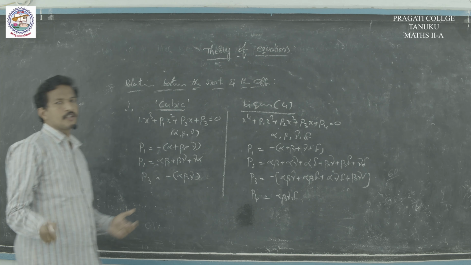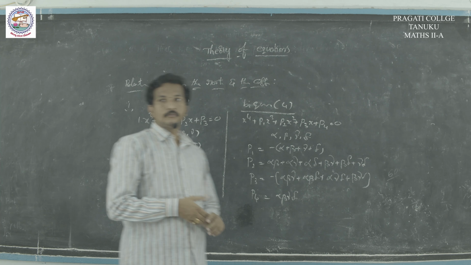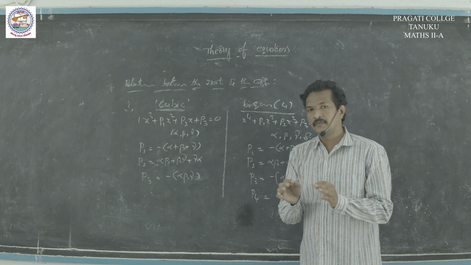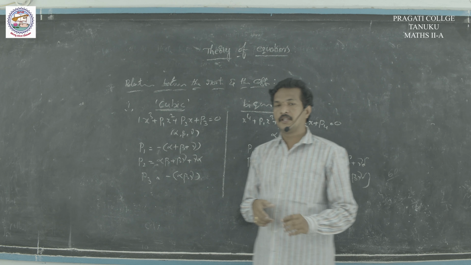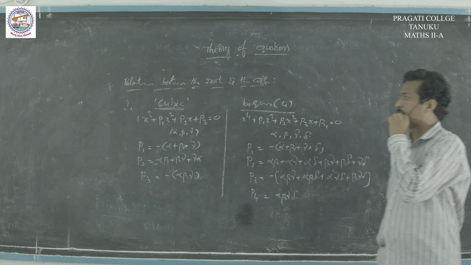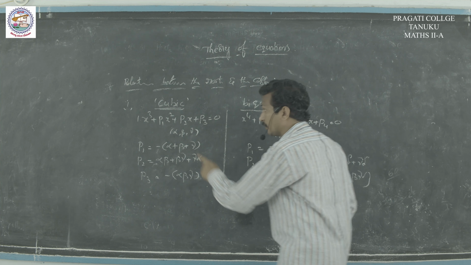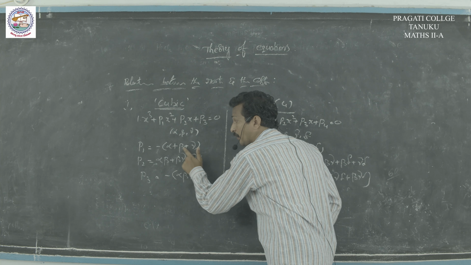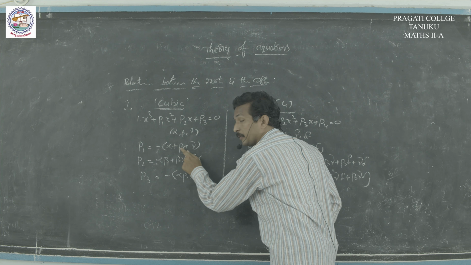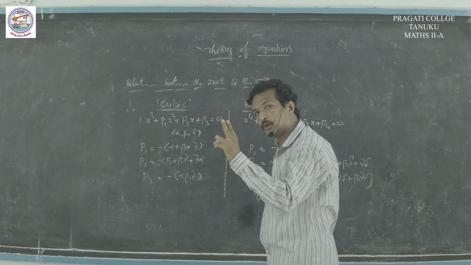Like this, for 5th degree equation, 6th degree equation, everything. How is it easy to remember? P1 is minus of the sum of the roots. In the cubic equation x cube plus p1 x square plus p2 x plus p3 equal to 0, there are 3 roots, so P1 is minus of alpha plus beta plus gamma. P2 means the sum of the product of the roots taken 2 at a time.